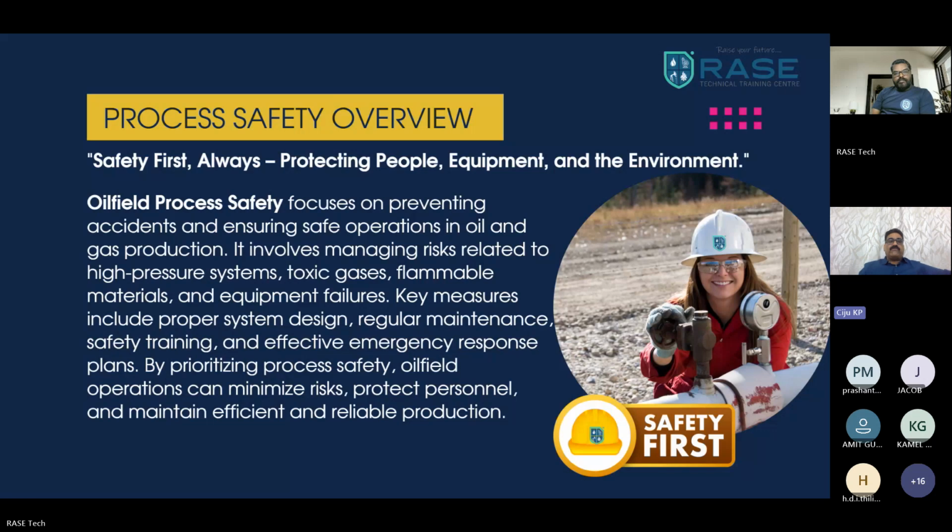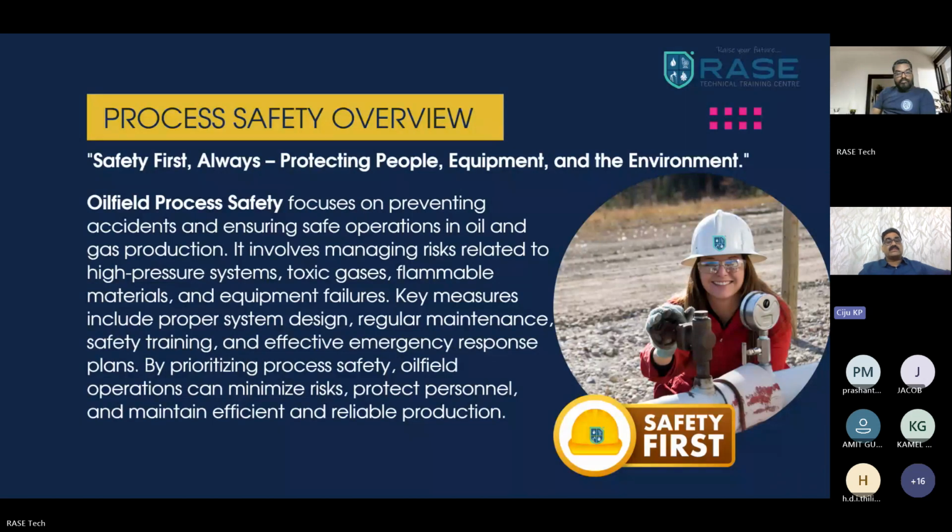When we work in the oil field, process safety focuses on preventing accidents. The basic motto is to prevent accidents and ensure safe operations in oil and gas production. It involves managing risk related to the operation, because there are a lot of toxic gases, high pressure systems, and highly flammable materials and equipment.